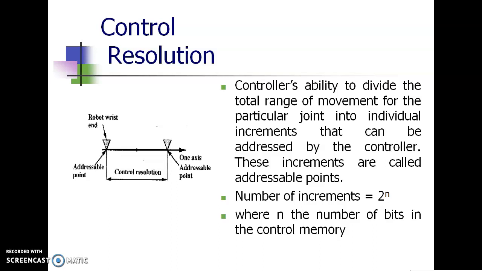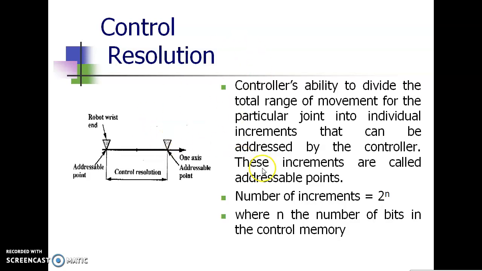So this 1 mm, that is the 2 marks in the steel rule, is called addressable points. This is an analogy that I want to explain. Here, this depends upon the controller's ability to divide the entire range into addressable points.